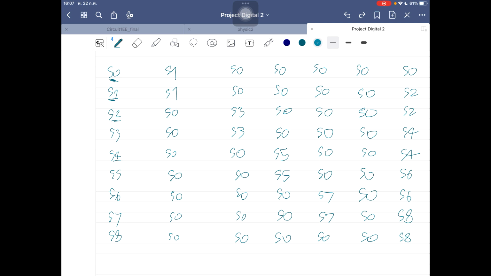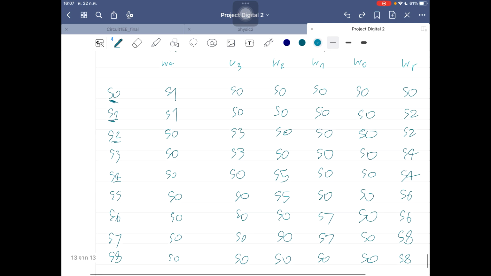Start from the state 0. In state 0, we don't do anything. We don't clock up. Then we will start from state 0, which is 0 in 4 bits, and when the clock is up, it will plus 1 and go to the next state immediately, like this.